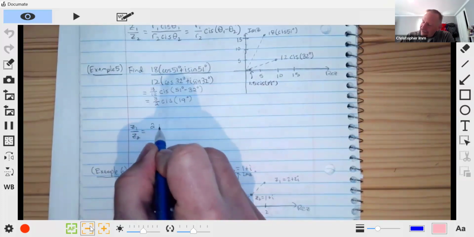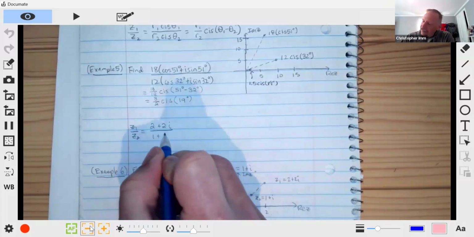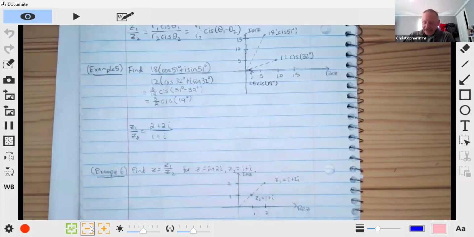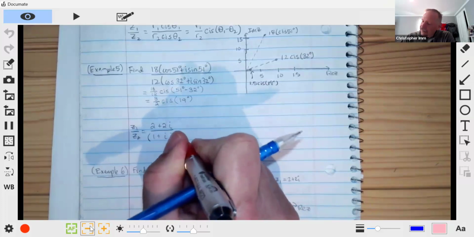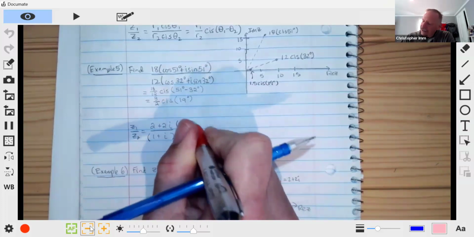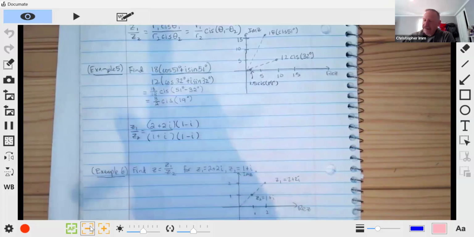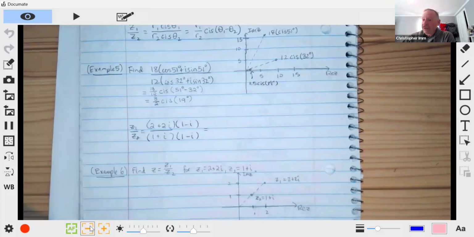So I have 2 plus 2i all over 1 plus 1i. So we were taught to use the conjugate of the denominator. So the conjugate of the denominator is 1 minus i. So I'll just multiply by 1 minus i in the numerator and the denominator. So working with the denominator first, we should get a real number.